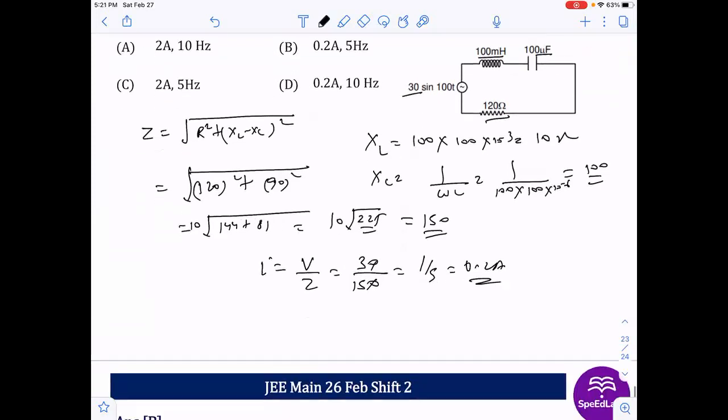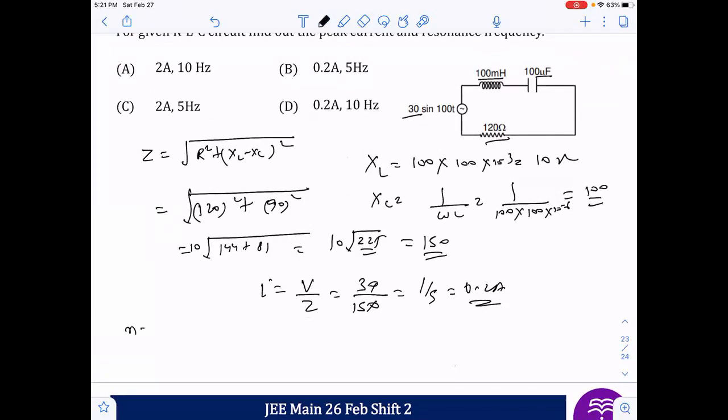The resonance frequency. The resonance frequency in this scenario will be n is equal to 1 by 2 pi under root LC. This is the answer. Now L in this scenario is simply 0.1 and C is I think 10 to the power minus 4. So this value will be 1 by 2 pi 10 to the power minus 5. Clear?